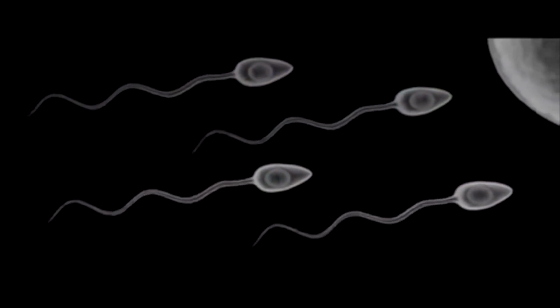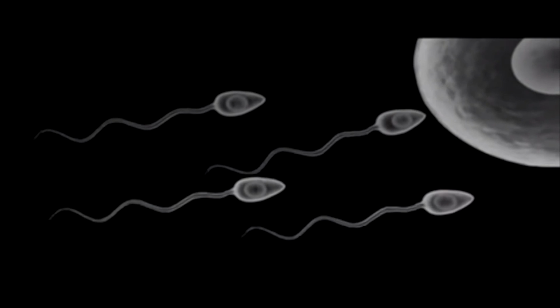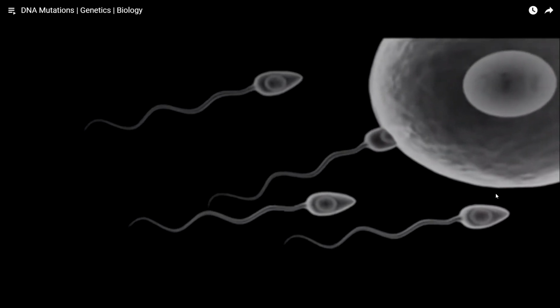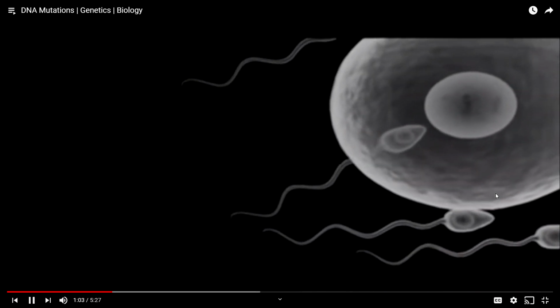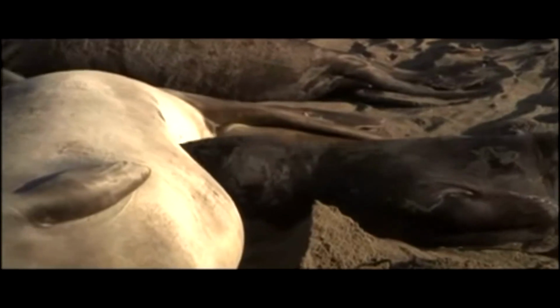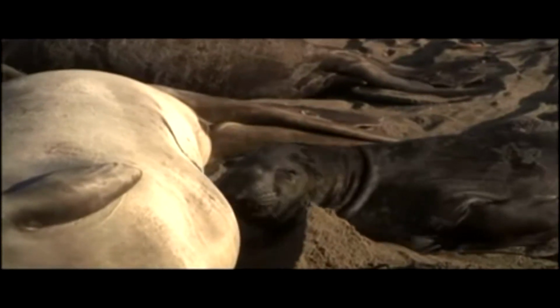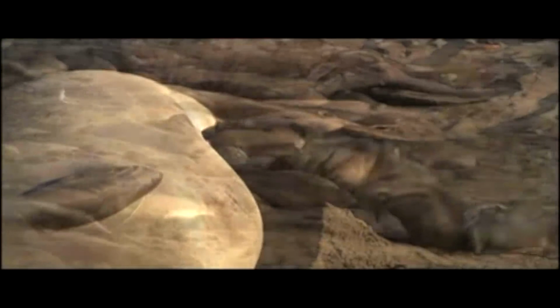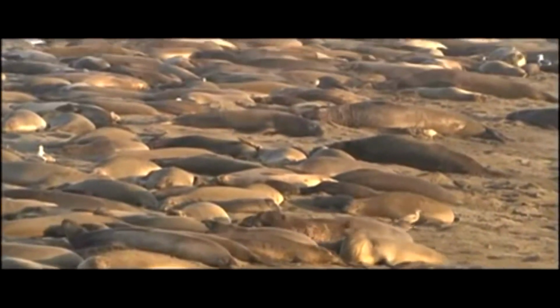Mutations that occur in sex cells don't affect the individual in which they occur, but rather, if they are carried in a sex cell that unites with another sex cell, they are carried into the next generation. Such mutations have the potential not only to affect the individual that initially inherits them, but in the long term, the species as a whole.